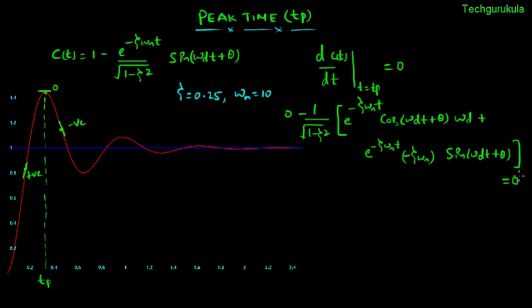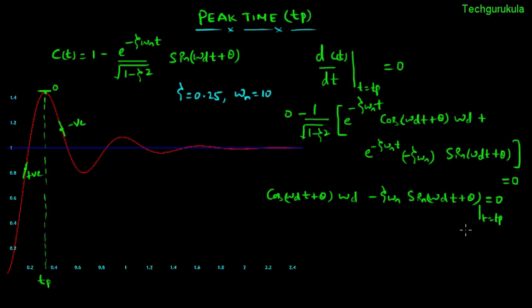So if we can rewrite this expression, e power minus zeta omega n t is common on both sides, and we have 1 over square root of 1 minus zeta square. We can take this out. So we will be left with cos of omega d t plus theta times omega d minus zeta omega n times sine of omega d t plus theta. This is equal to 0 at, of course, t equal to Tp.